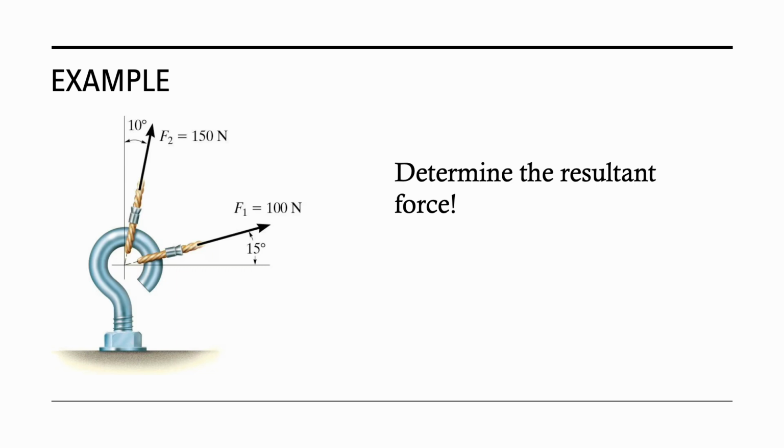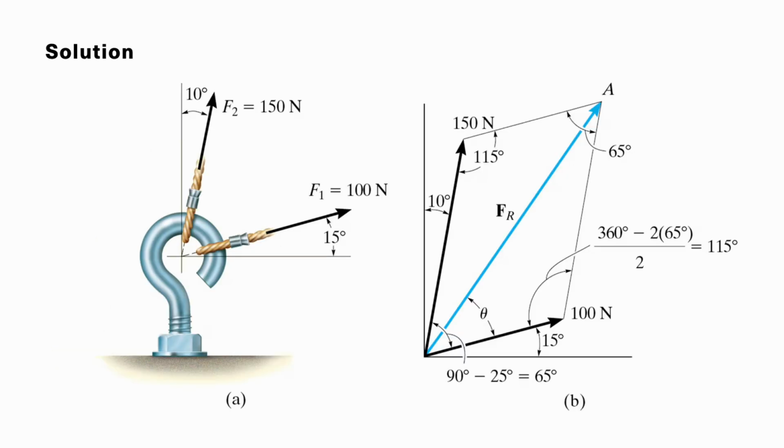So we have one example. A screw is subjected to two forces, F1 with 100 Newton magnitude and F2 with 150 Newton, and we have angles of 15 degrees to the x-axis and 10 degrees to the y-axis. We need to determine the resultant force. How will we do this?